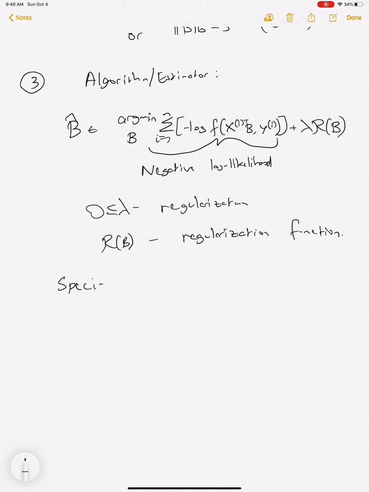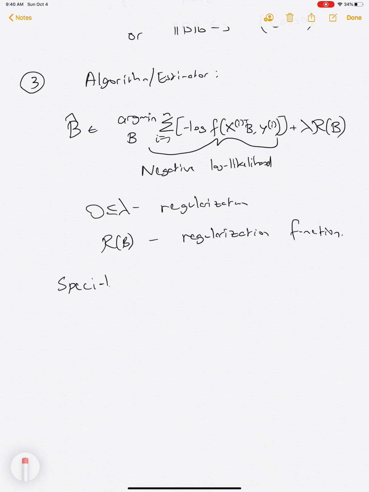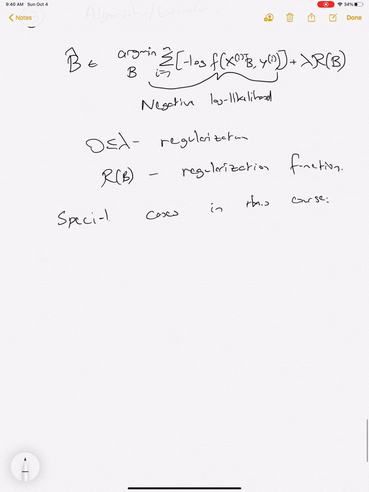And in the special cases we considered in this course, for beta hat R, we have R of beta is, so this is the ridge regression estimator.